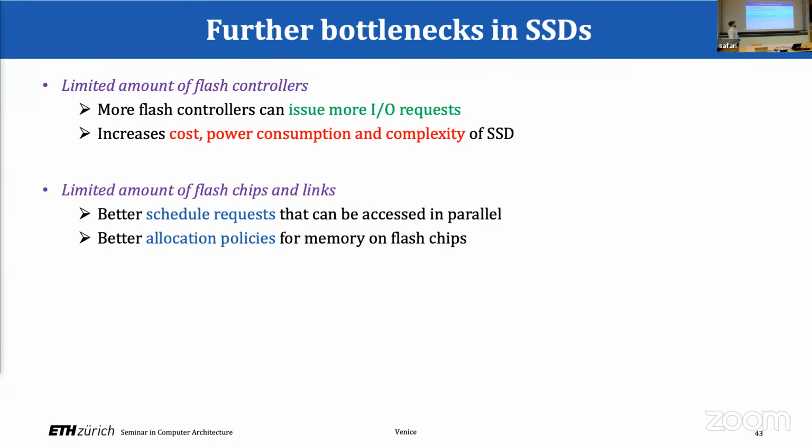Another thing would be the limited amount of flash chips and links. Maybe another topology could help there to increase the flash chips, but also increasing the links. But increasing links also means more area overhead, which also has to be researched further. One could look at better scheduling of requests to access more things in parallel, or better allocation policies, basically.